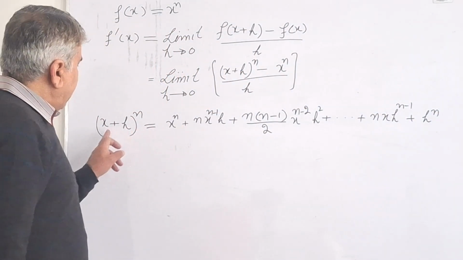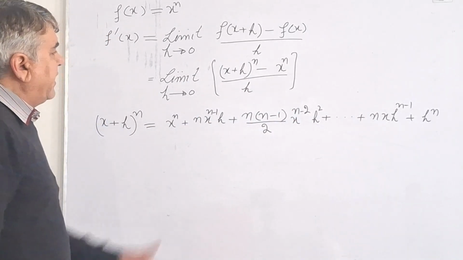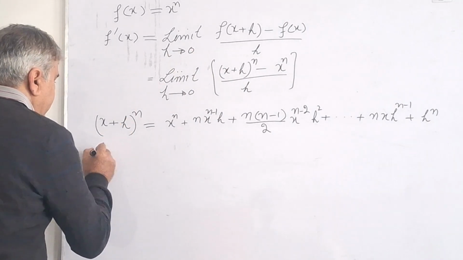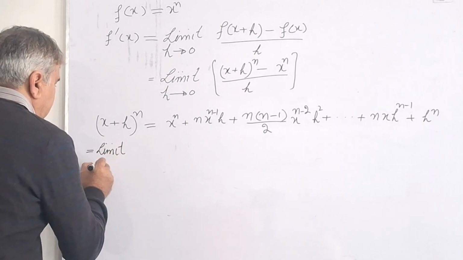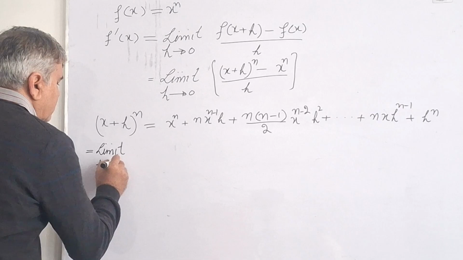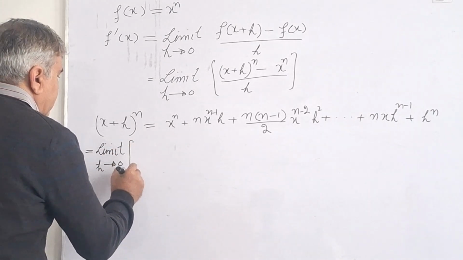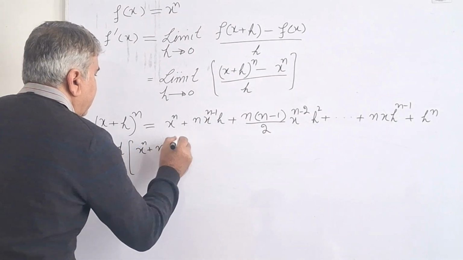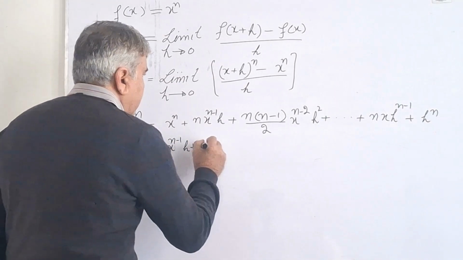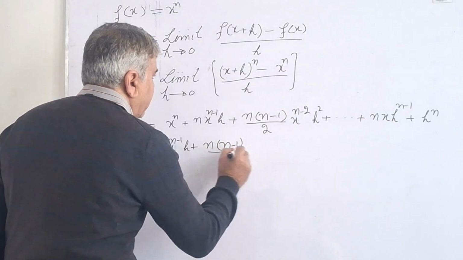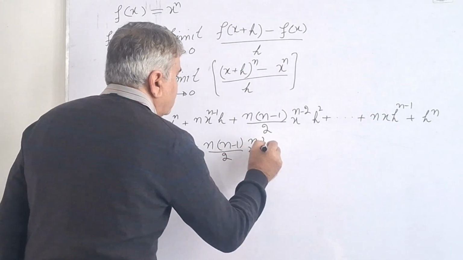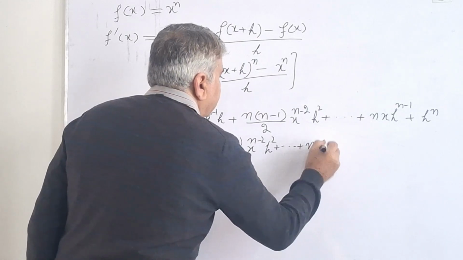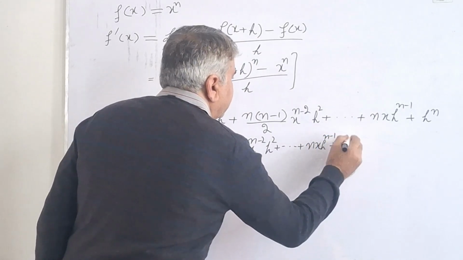This is the expansion of this term through the binomial theorem, and if I substitute this value at this position, we get limit h tends to 0 of this whole term: x power n plus n x power n minus 1 h plus n into n minus 1 divided by 2 x power n minus 2 h squared, and so on, n x h power n minus 1 plus h power n.